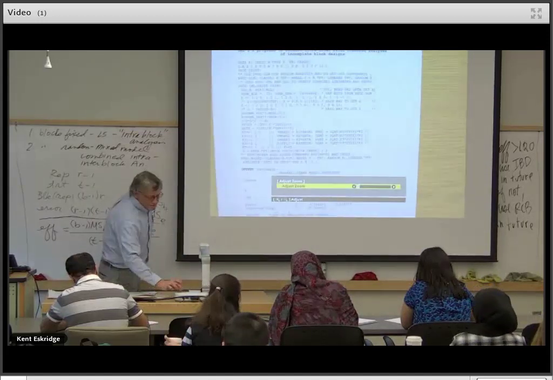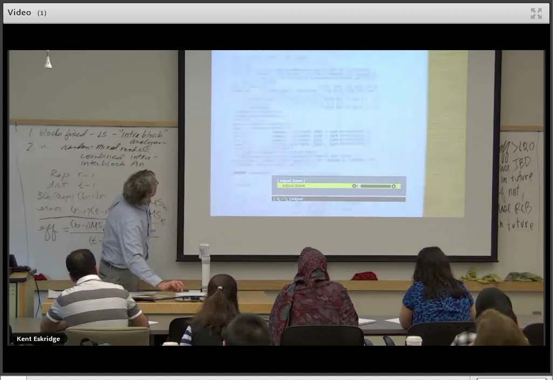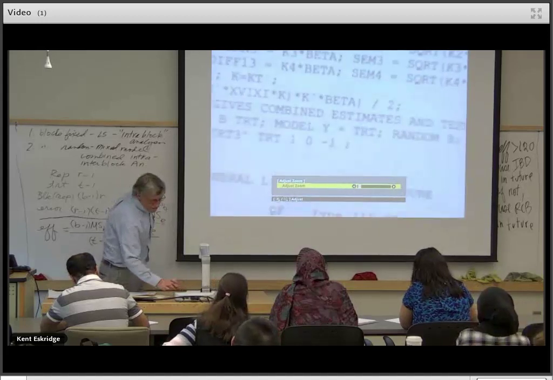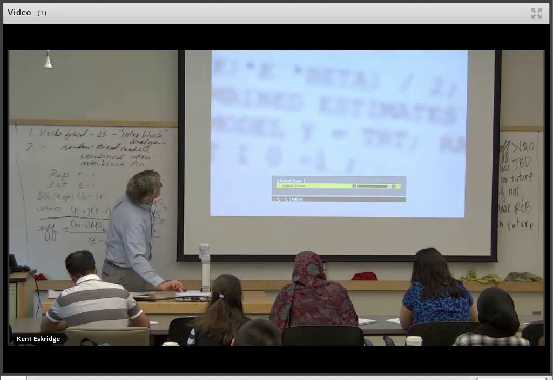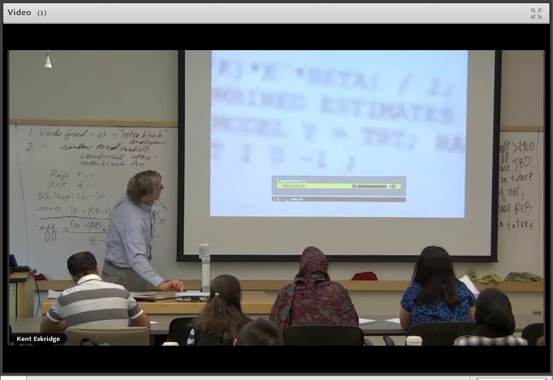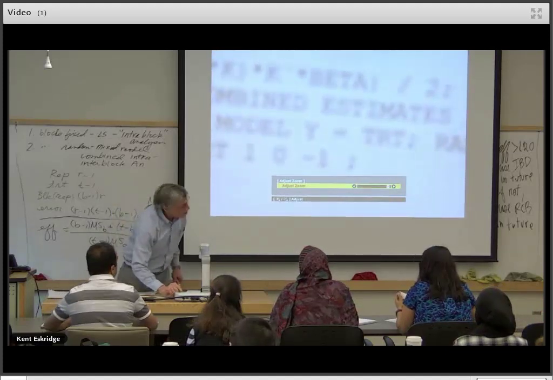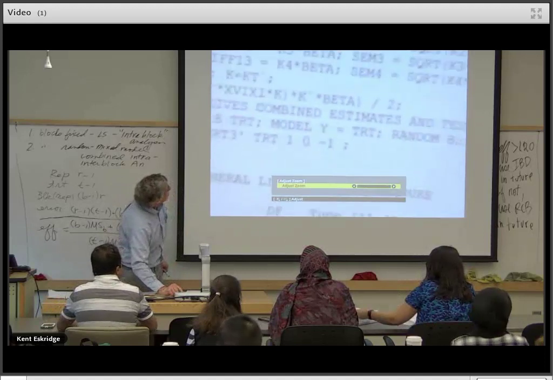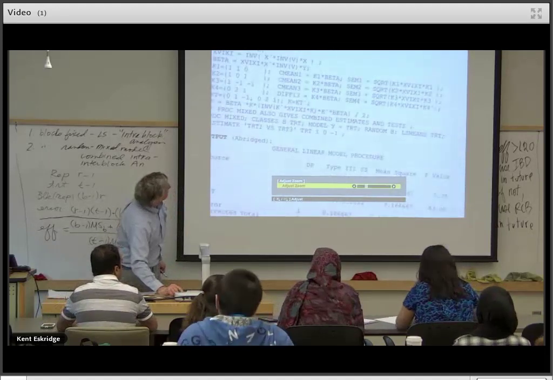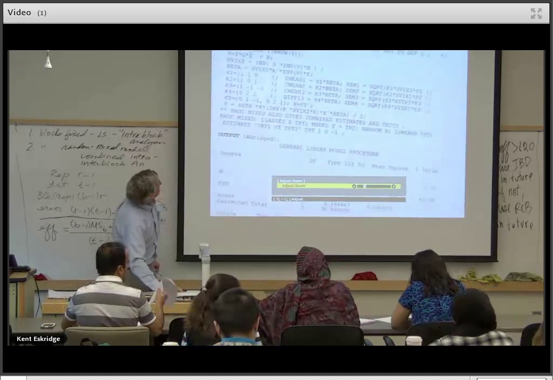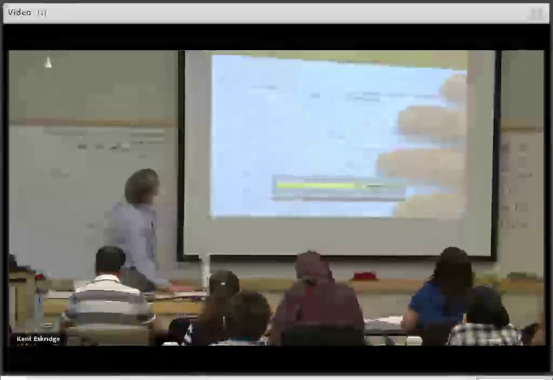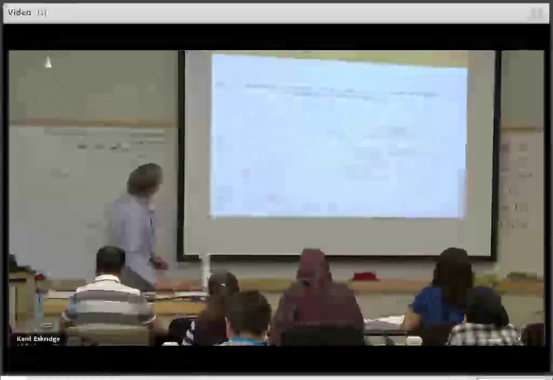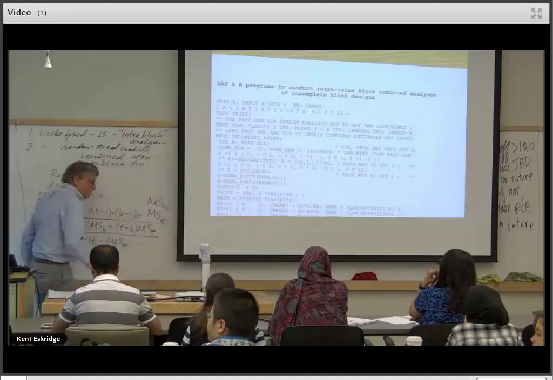Okay, so now just first of all, I'm going to use SAS to talk about this. And then we'll talk about R a little bit here. So what I'm going to do first is talk about just the simplest possible incomplete block design.